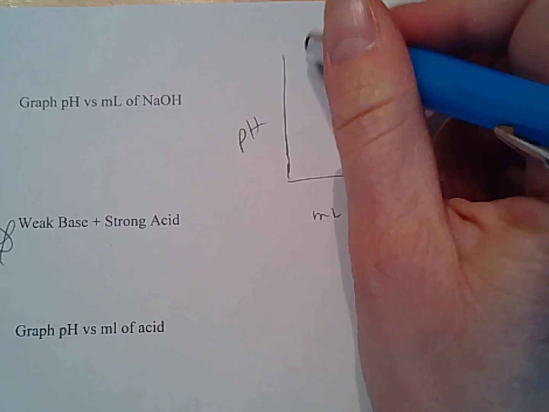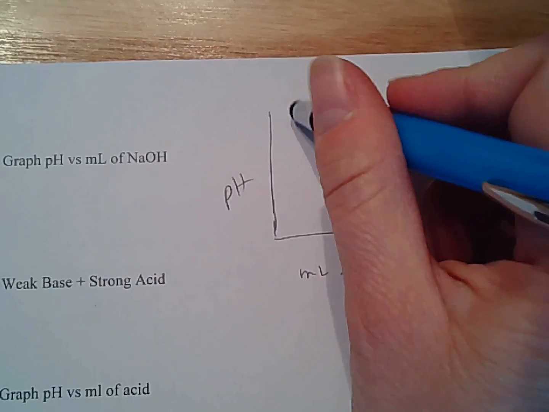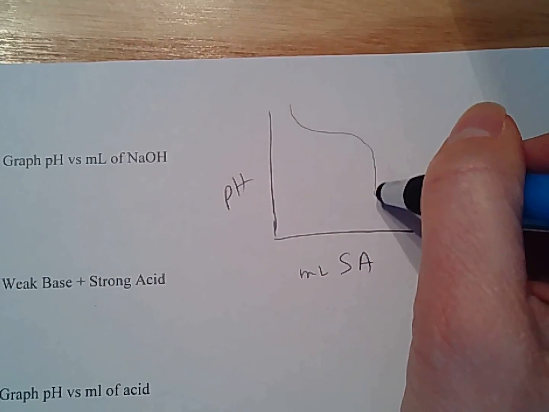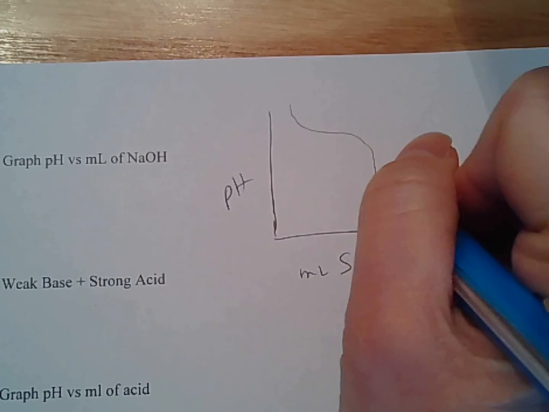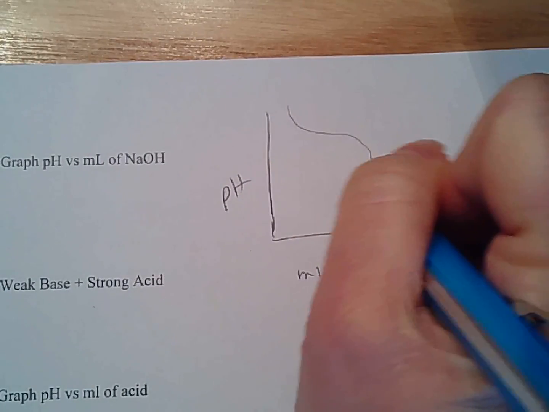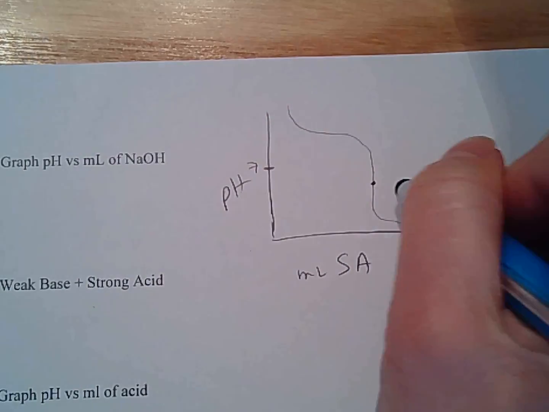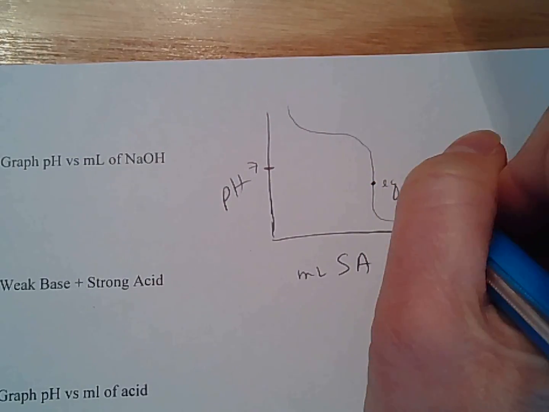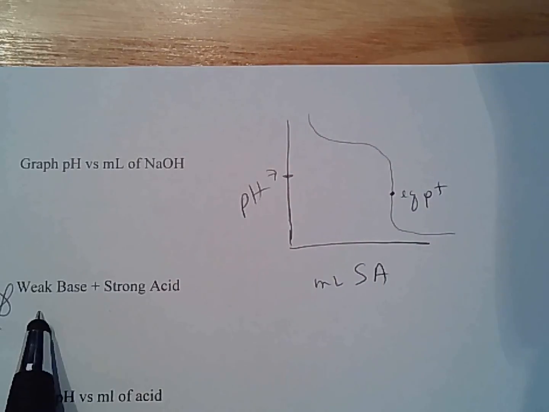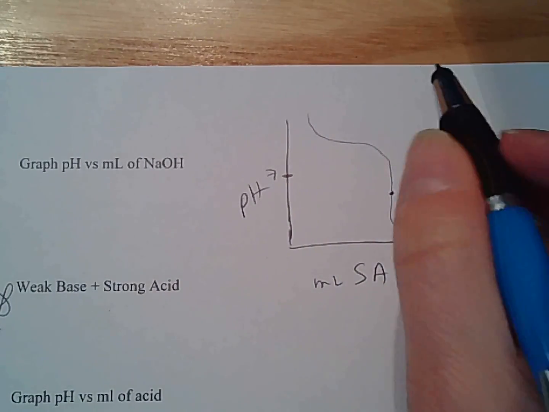What you would see up here, and I have a hard time drawing it sometimes, is kind of a weird looking S curve. But what you will see here is the equivalence point is going to be less than a pH of 7. So this is your equivalence point for a weak base and a strong acid.